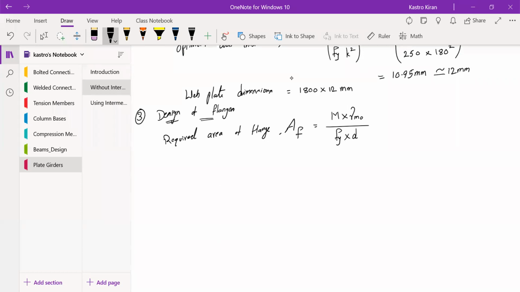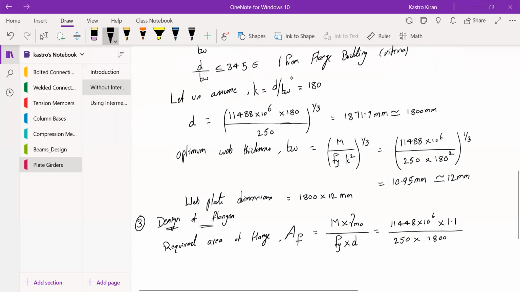This is the fixed formula to find the area of the flange. Whereas M is the maximum bending moment, which is 11448 into 10 power 6, and gamma m0 is the partial safety factor of material, which is 1.1, and fy value is 250, and the depth is 1800.